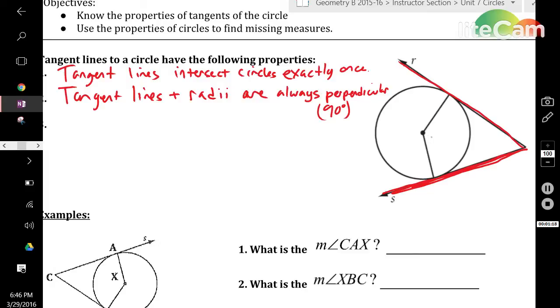Radii come from the center of the circle. So look back over this diagram here. This right here is a radius. That's a tangent line. Therefore, I know that this angle is going to be a right angle. And the same thing over here. It's going to be another radius, tangent line, S. It's going to be another right angle.